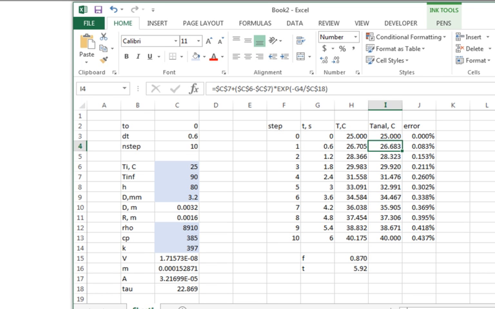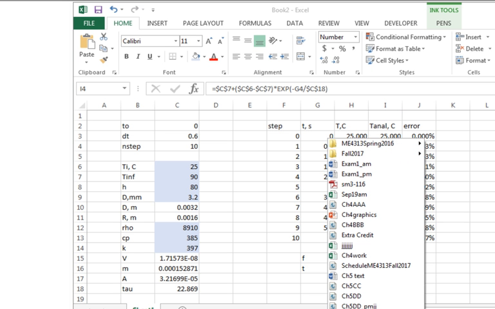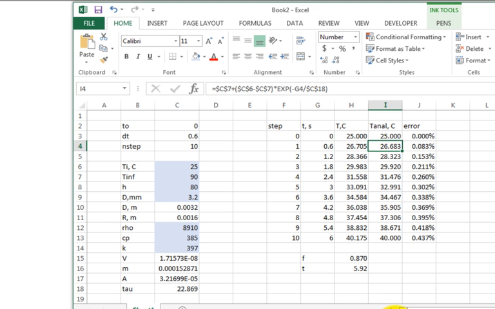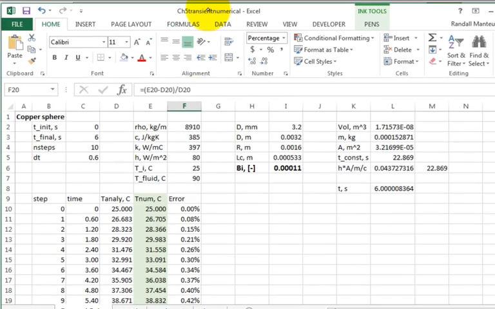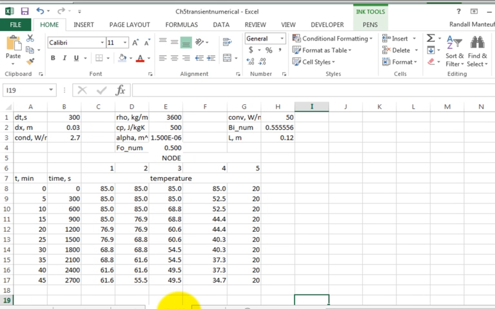All right, in the interest of time, I'm just going to show you, if I can find it, an Excel implementation. This was a modified problem out of the textbook. As a function of time, either in minutes or in seconds, we can look at the temperature for each node, node 1, 2, 3, 4, 5.